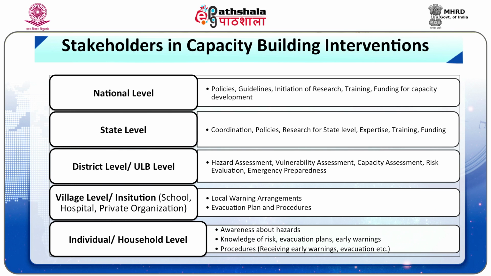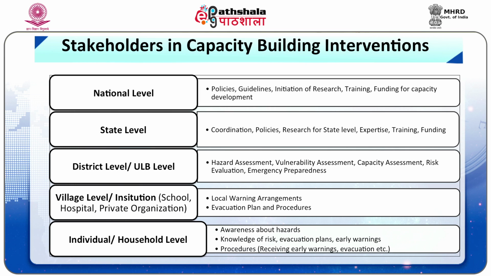The state level stakeholders must aid in effective implementation of the capacity development process and usually help fund the activities and local context research activities. The district level or the urban local body stakeholders know better what the developmental gaps pertaining to disaster risk reduction are and thereby must be in a position to identify the exact requirement.